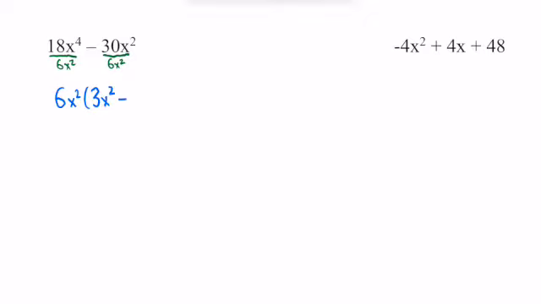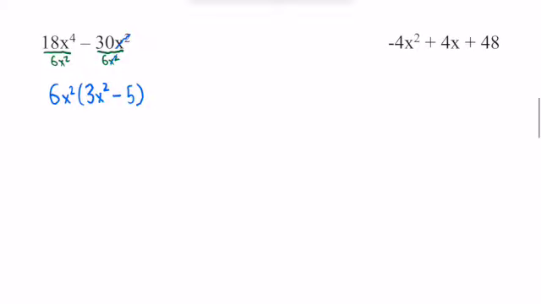And then minus 30x squared, when we factor out 6x squared, the x squared and x squared would be factored out completely. There's not going to be a variable remaining. Negative 30 divided by 6, we have minus 5. So 6x squared times 3x squared minus 5 is our answer.